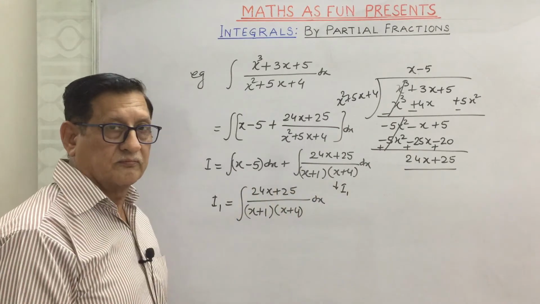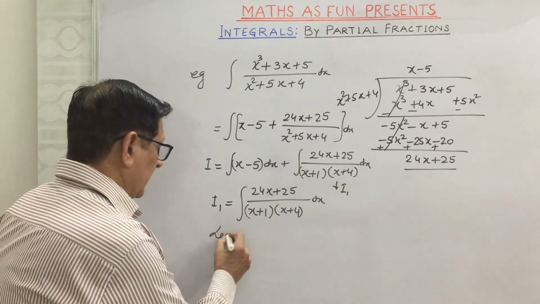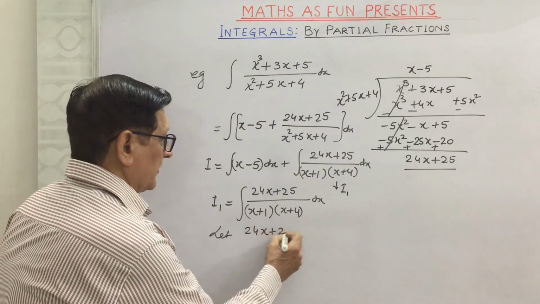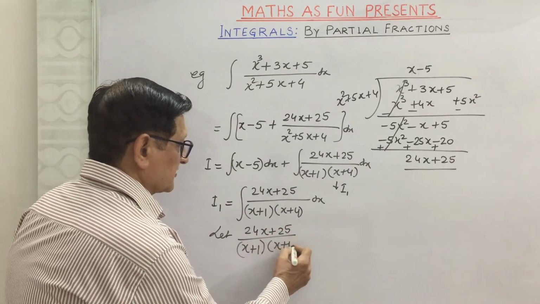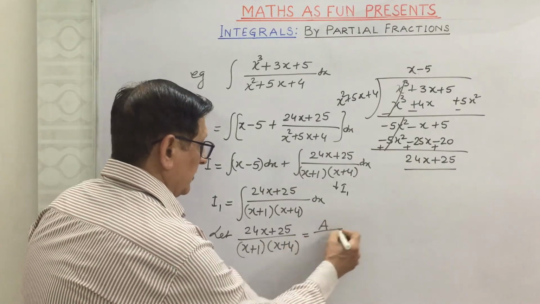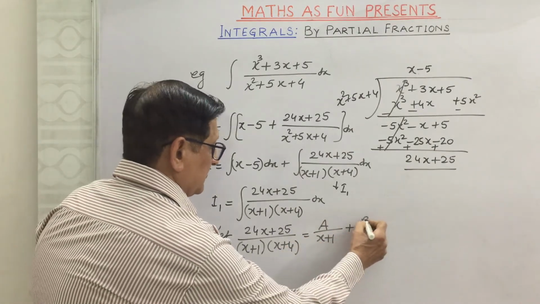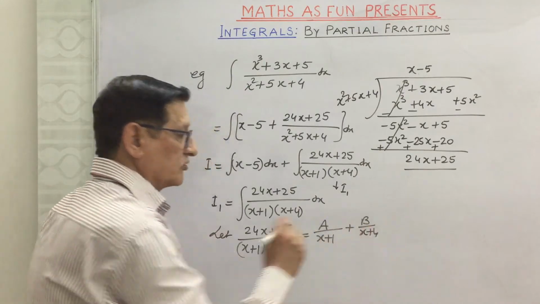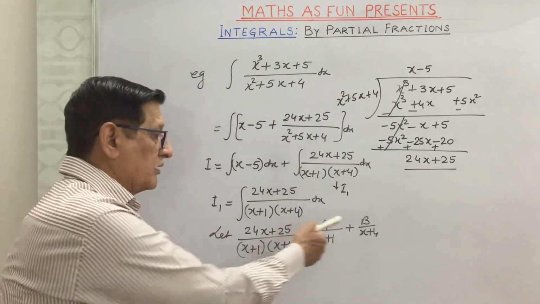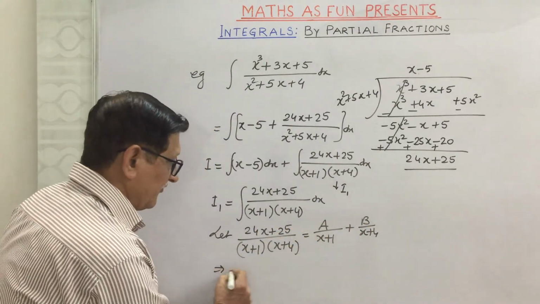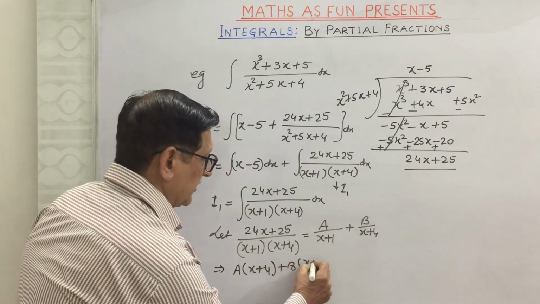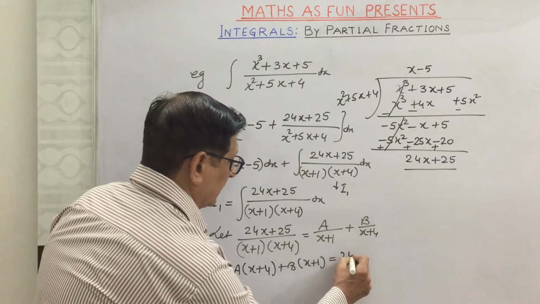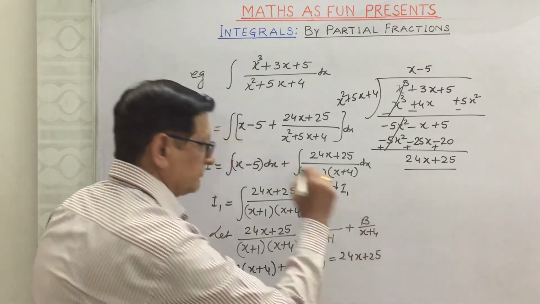And we consider let 24x plus 25 upon x plus 1 into x plus 4 be a upon x plus 1 plus b upon x plus 4. Taking the LCM and comparing the numerators, we will get a into x plus 4 plus b into x plus 1 equal to 24x plus 25.